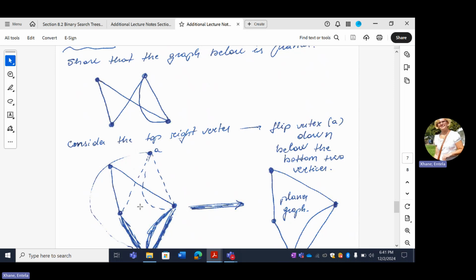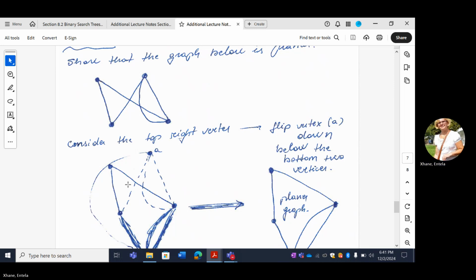This is the curve that I have to redraw, and this is the other edge that has to be redrawn in the way that allows us to create the planar graph. So redraw the two edges and the loop, do not eliminate them. The dashed notation means that they are going to be placed somewhere else, but not removed.